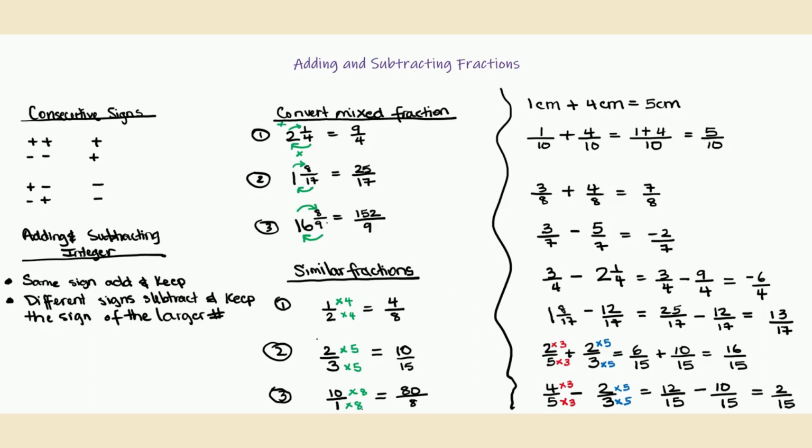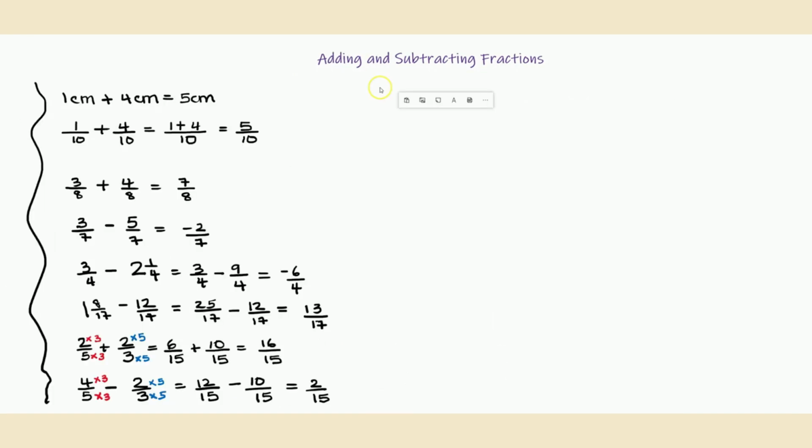Sometimes we can end up with different denominators and mixed fractions and whole numbers. So let's apply all that we've learned so far with those examples. Let's start with 16 and 8 over 9 minus 5 and 1 over 8.